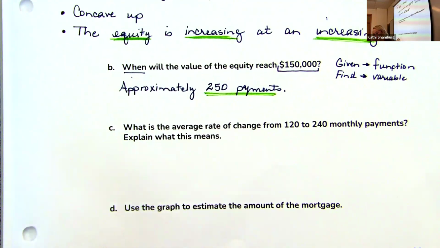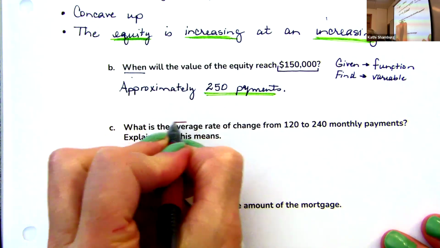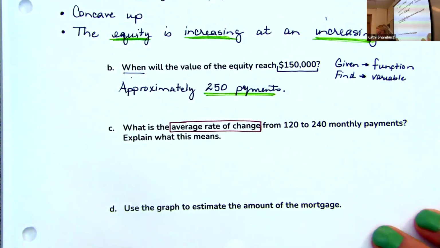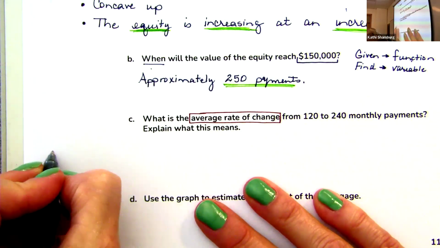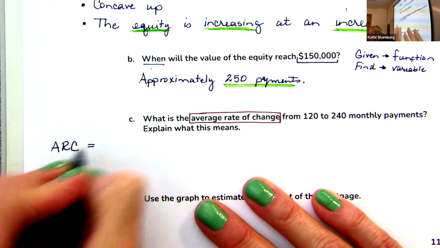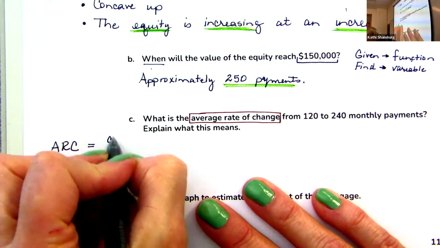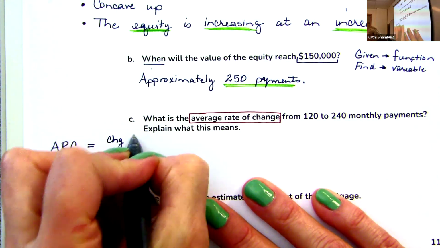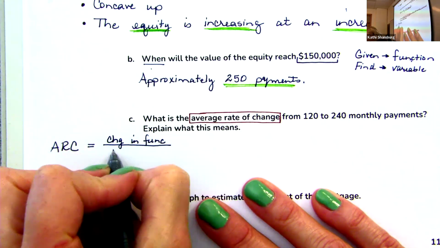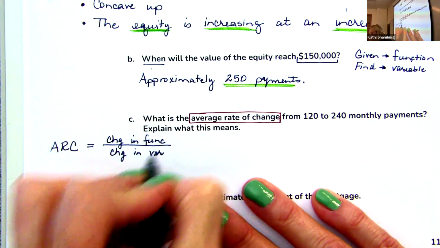All right, what is the average rate of change? Okay, so on your quiz with an average rate of change question, let's remind ourselves that it's been a long weekend. To find the average rate of change, we always do the change in function over the change in the variable.